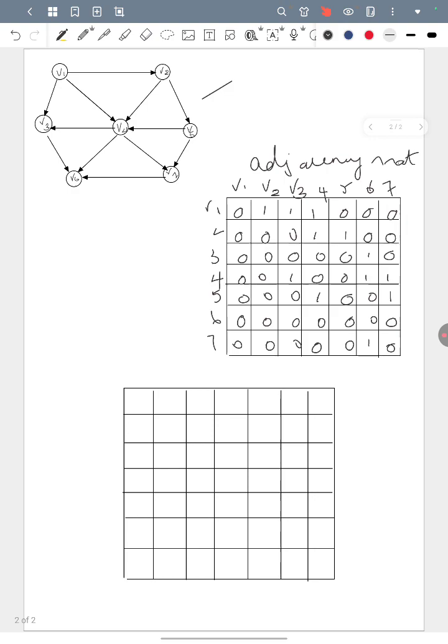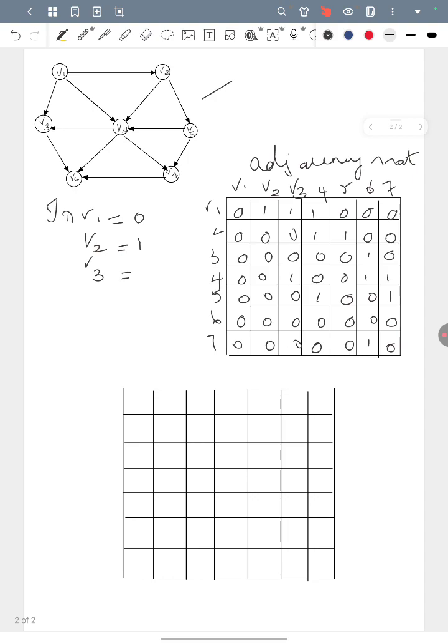Next step is that we should calculate the in degree of V1, V2, V3. In degree of V1 is equal to, we have to see whether V1 has any incoming edges. There are no incoming edges, so it is 0. V2 we have one incoming edge.